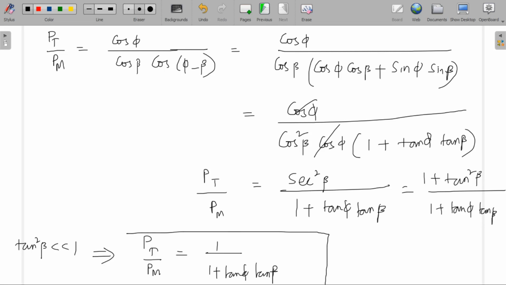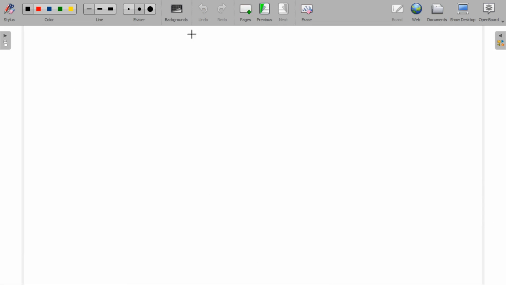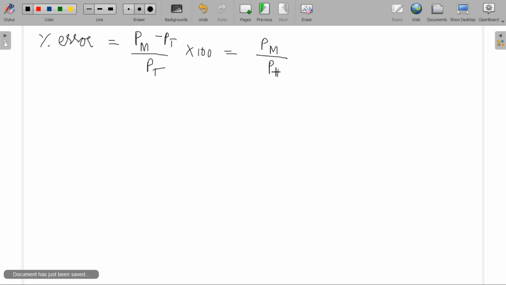Now, what will be the percentage error? Percentage error is equal to measured value minus true value by true value into 100, which is equal to measured value by true value minus 1 into 100.